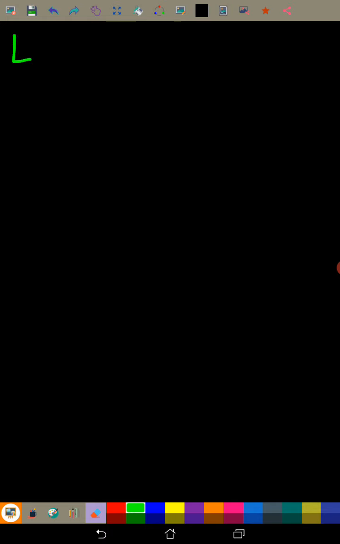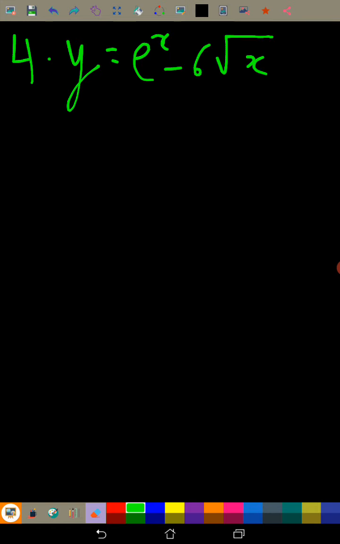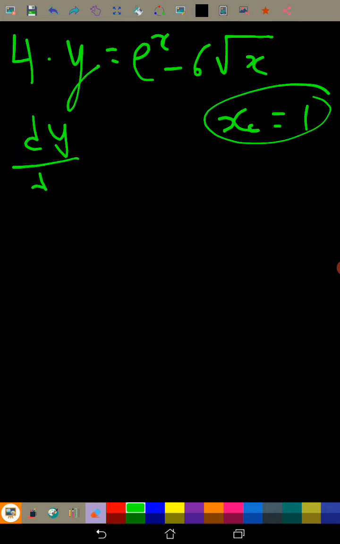And number 4, we have find the exact value of the gradient of the tangent to the curve. So we have this function ex minus 6 root x. It says that the point is where x is equal to 1, so the gradient is going to be this.